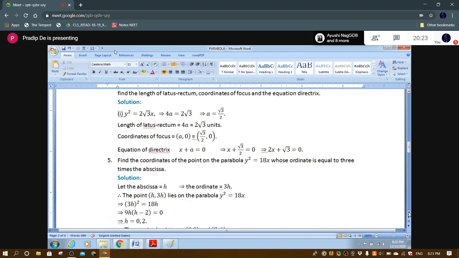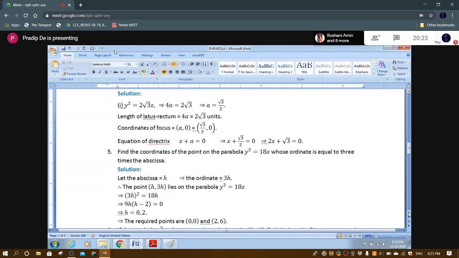One is 0, the other one is 2. So one point is obviously 0, 0. And the other one is h is 2. Therefore the ordinate is 3 into 2, that is 6. So the point is 0, 0 or 2, 6. Next question.